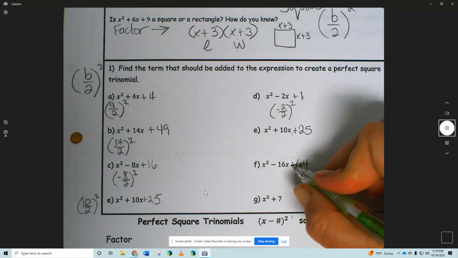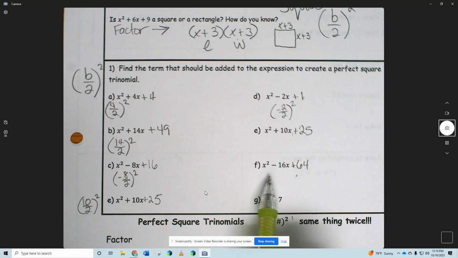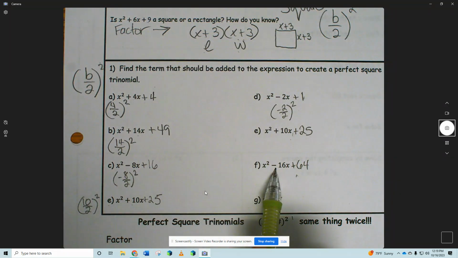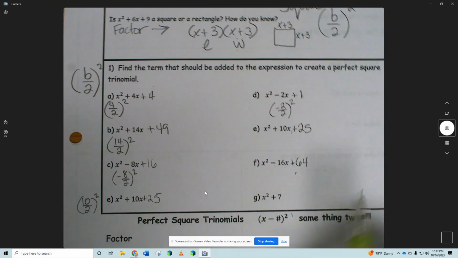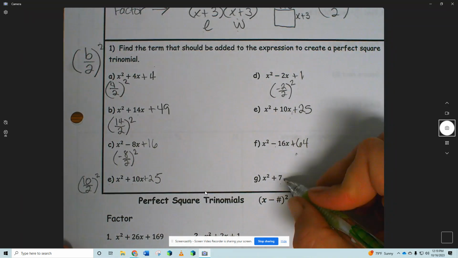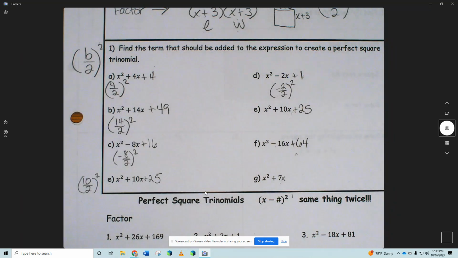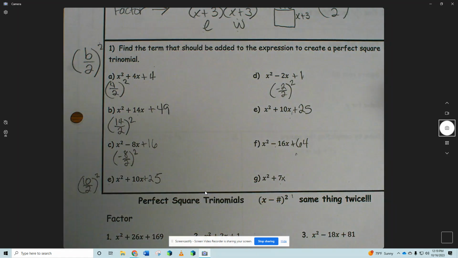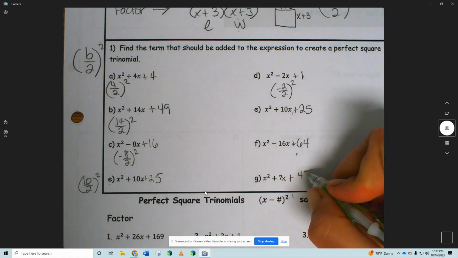And notice how these are always positive. Because even if it's a subtraction sign, when I square it, like negative 8 times negative 8, positive answer. This should be 7x. Sorry, typo. But we did one like that. Cut 7 in half. Table 3? 49 over 4.